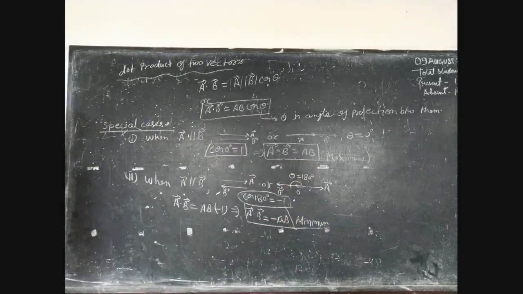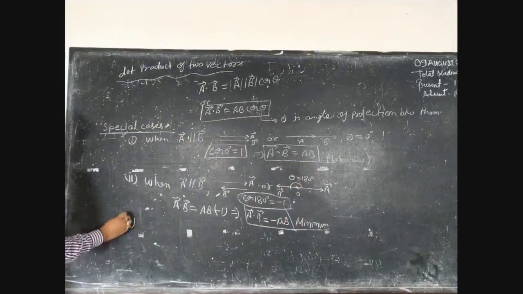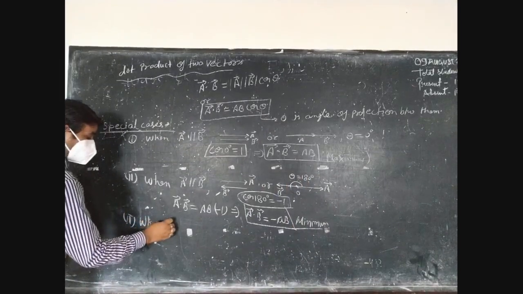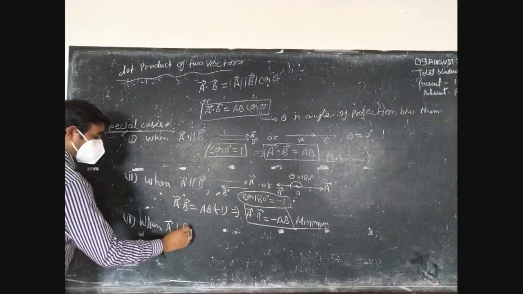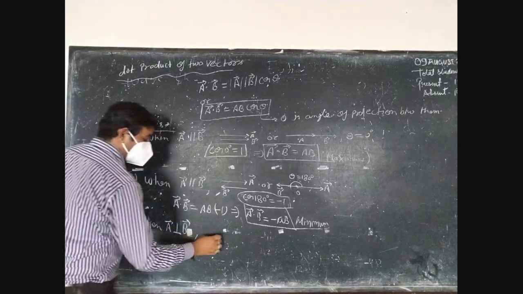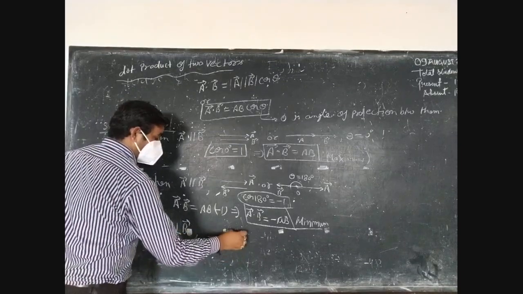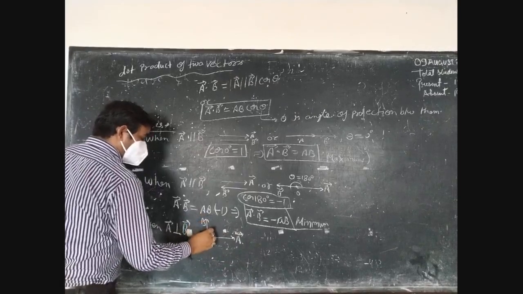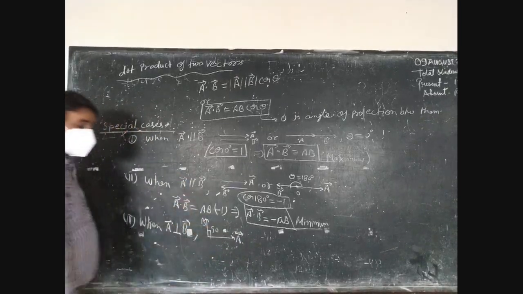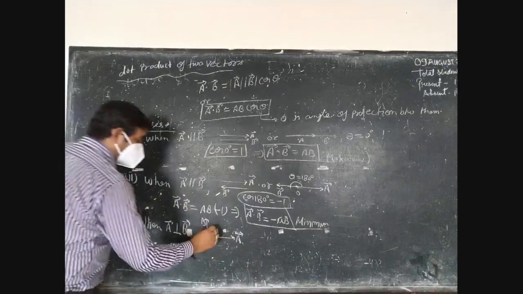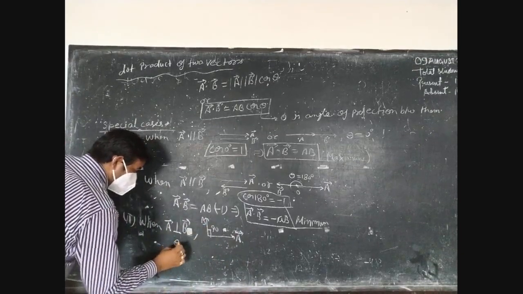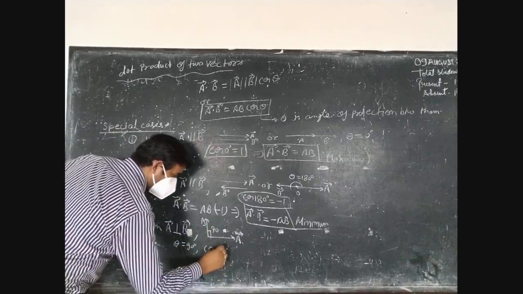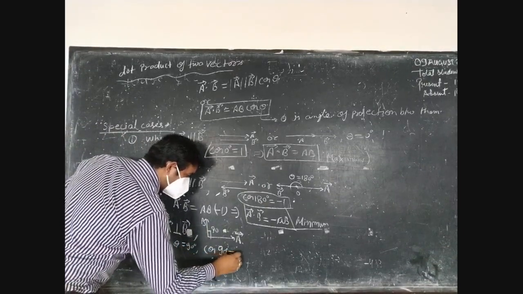And third case, when vector A is perpendicular to vector B, that means vector A and vector B are at 90 degrees. Therefore, for theta equal to 90 degrees, cos 90 is equal to 0.